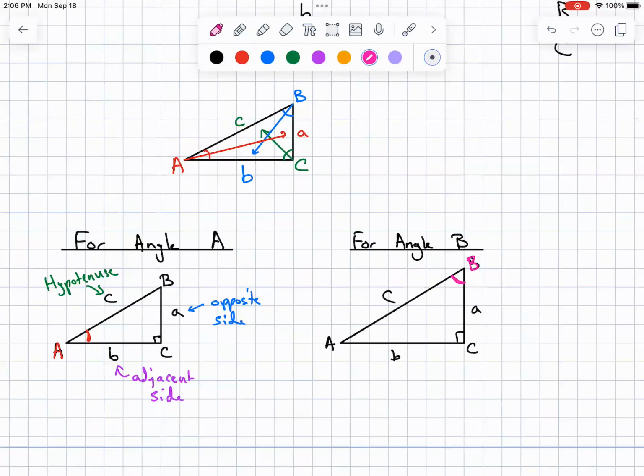With regards to angle B, the opposite side is now the horizontal. This is now the opposite side, whereas a is now the adjacent side, and the hypotenuse is still the hypotenuse.